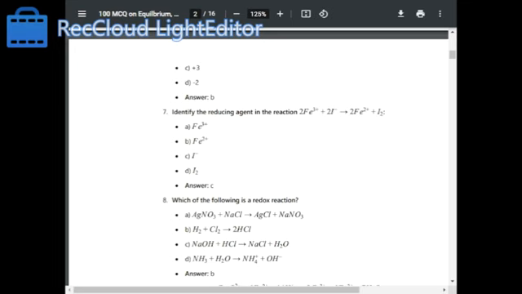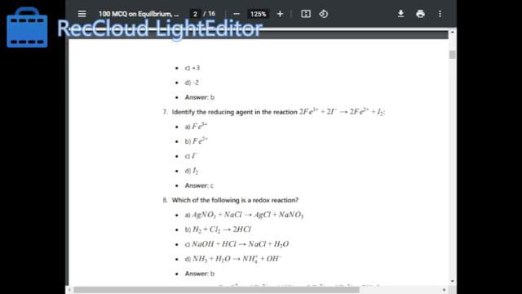Hence option C is correct. The options A, Fe3+, no; option B, Fe2+, no; option D, I2, no. But the reducing agent in the reaction is I minus. Hence option C is correct.